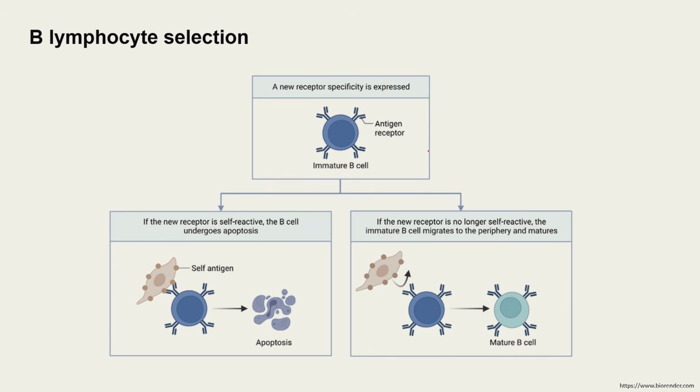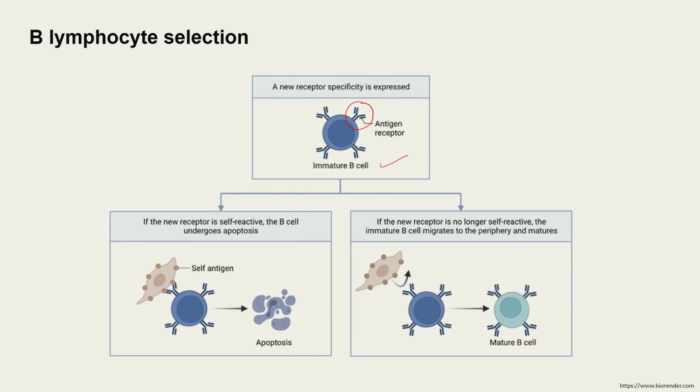When we discussed B lymphocyte selection, we said that we have a new receptor specificity which is expressed. So essentially we have this immature B cell, and these are the antibodies which are expressed on the surface.